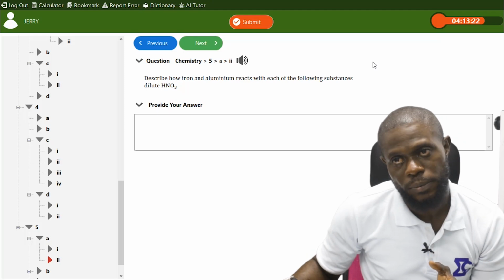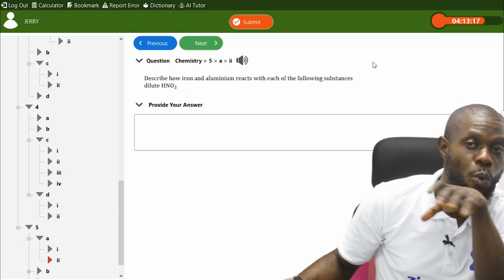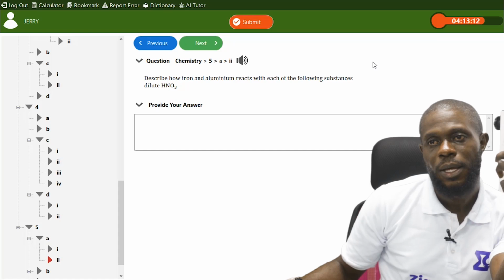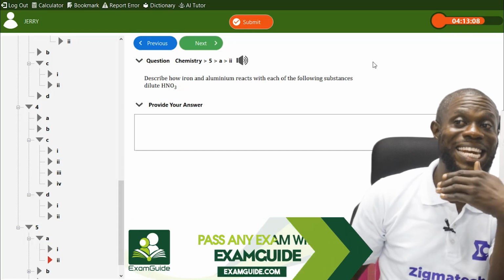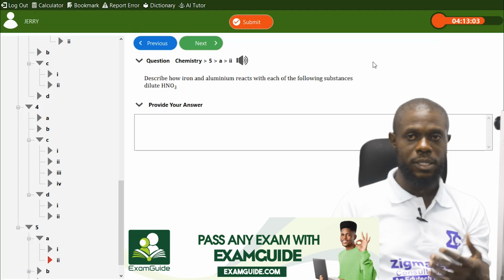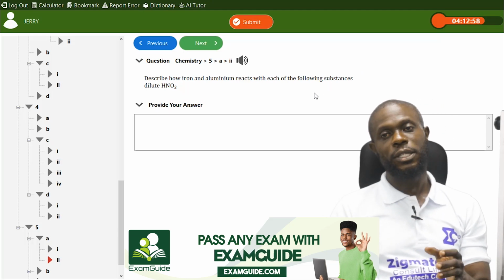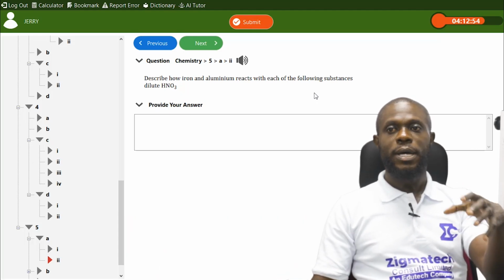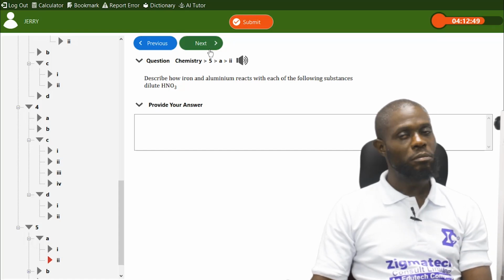For corrosion to occur, the metal must face water, but aluminum has the tendency to resist liquids. So it does not dissolve in acids, because it creates an oxide film. The iron dissolved and liberated hydrogen, but aluminum, no reaction.